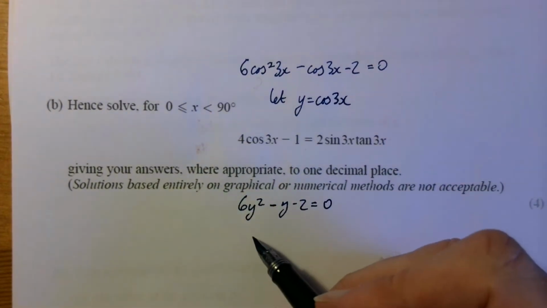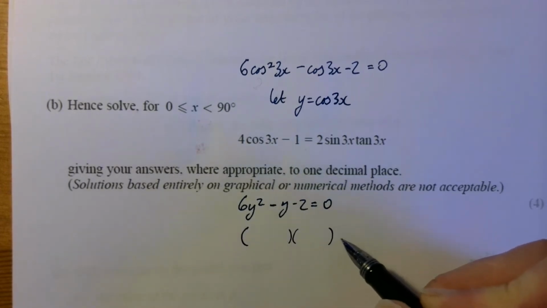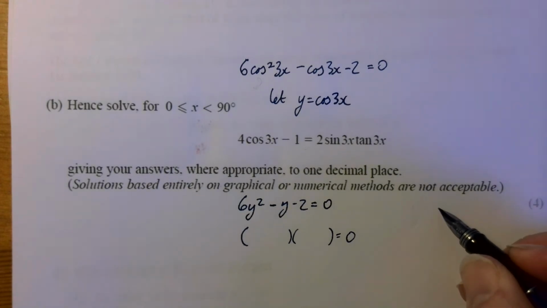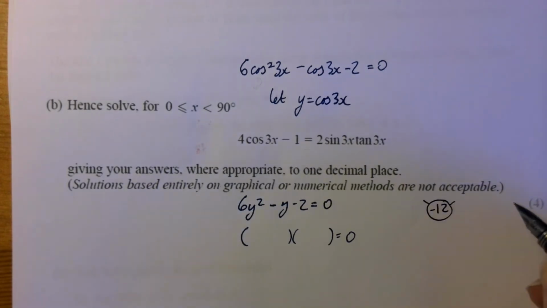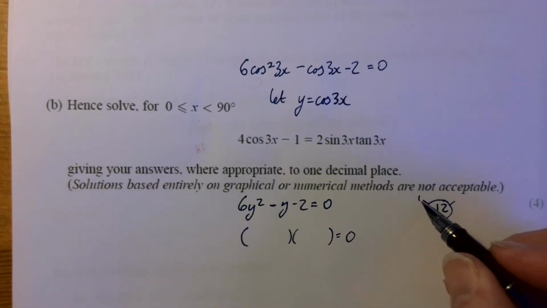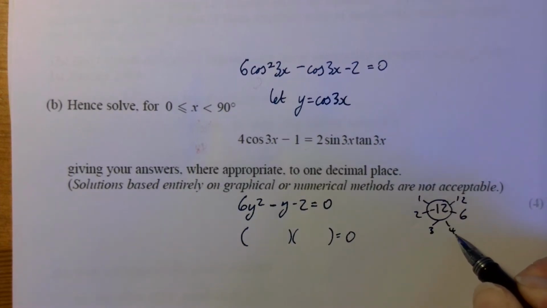So then we are thinking, right, what's going to happen here? I've got to pop that into brackets, haven't I? How do I do that? Well, 6 2's are 12 or negative 12. So I'm thinking numbers that multiply together to make 12, but whose difference is going to be 1. So you've got 1 and 12, you've got 2 and 6, not those, 3 and 4. Aha, yes, and I want it to be negative.